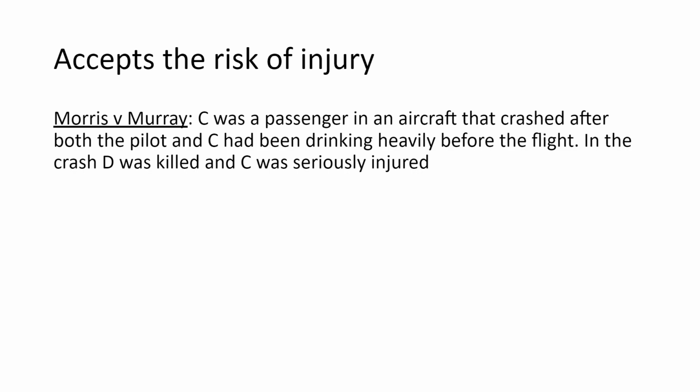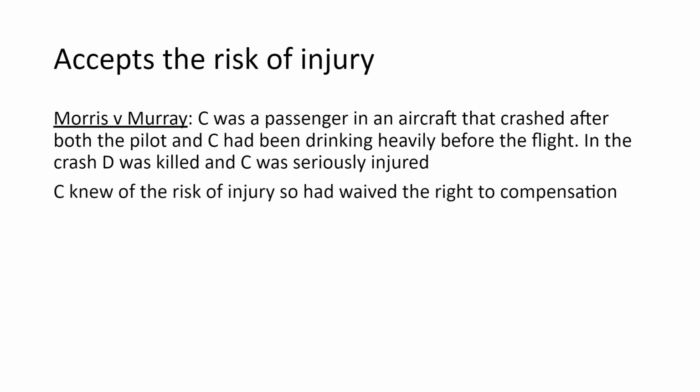And the claimant got into the aeroplane knowing that the defendant was seriously intoxicated. The defendant was killed and the claimant was seriously injured, and it was held that the claimant had consented and accepted the risk of injury there and had no right to compensation.